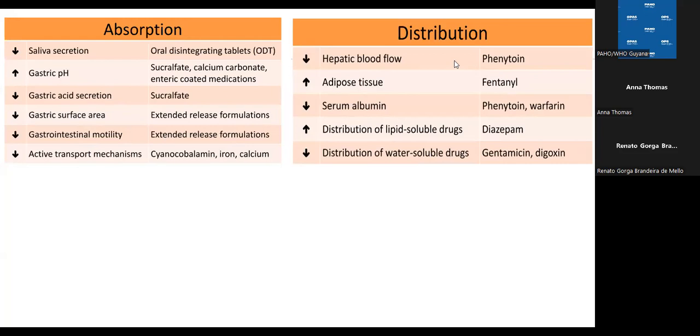Most importantly, the distribution of medicines is affected by reduced hepatic blood flow and increased adipose tissue.